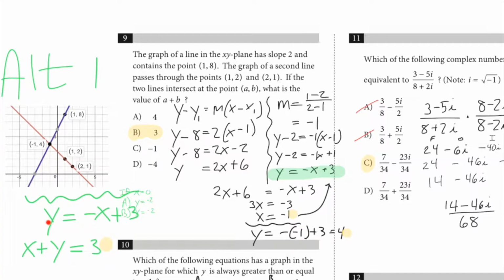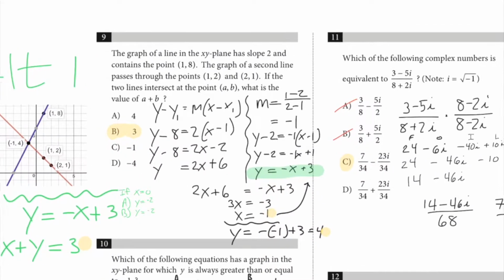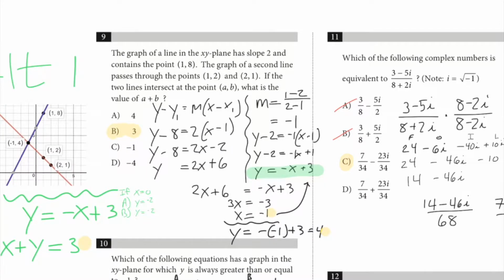Similarly, you could somehow get this equation y equals negative x plus 3. So here, y equals negative x plus 3, and then you rearrange it, and you get x plus y equals 3. And that's actually true for these 2 points. This plus this is 3, and this plus this is 3. And in fact, it's true for all the points on this line, including the intersection point.